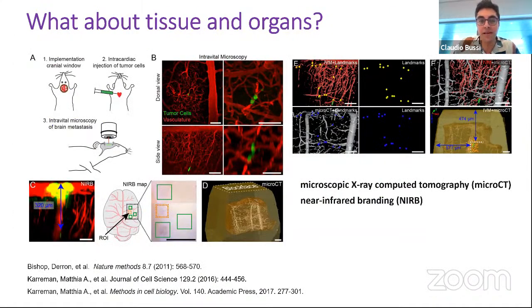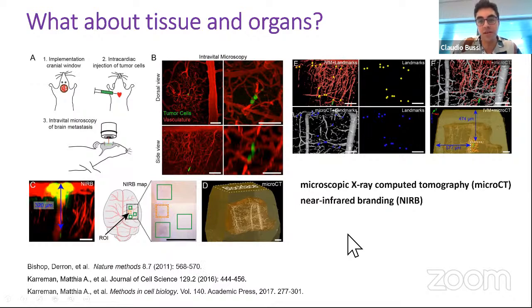Ahora seguramente hay interesados en, bueno, ¿qué se puede hacer si tenemos un tejido, si tenemos un órgano, y uno quiere encontrar una célula de interés en un espacio 3D, no en un espacio 2D? Bueno, en este caso ya se torna bastante más complejo, y yo estoy presentando uno de los varios ejemplos que hay.